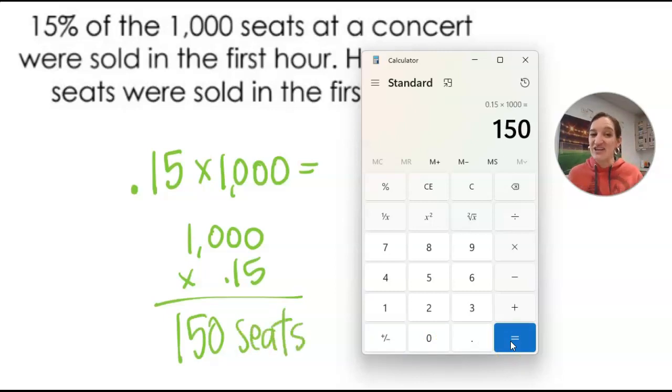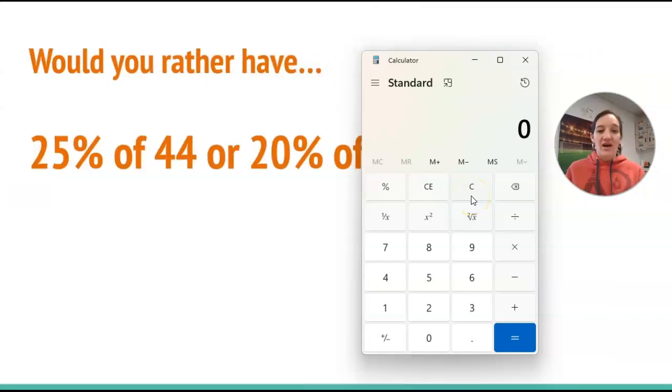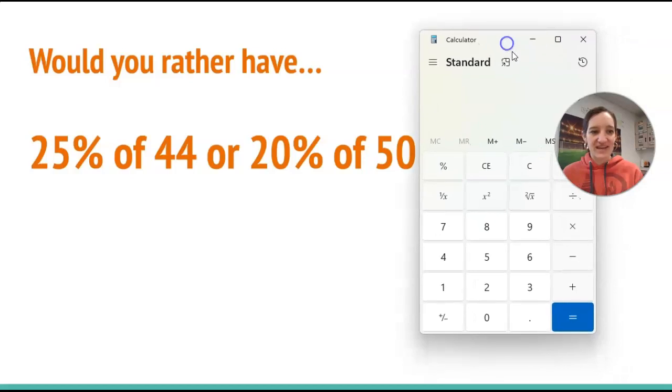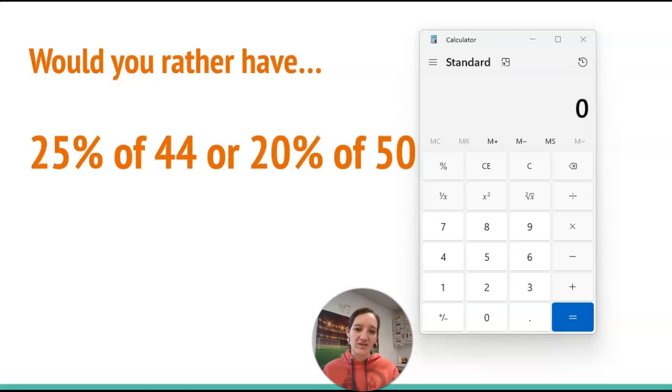So even though I can't let you use a calculator on a test, I am okay with you practicing with a calculator, doing it first on paper, and then checking your work with a calculator. So let's practice that. Here's a question where it says, would you rather have 25% of $44 or 20% of 50? That's not dollars, but I just made it a dollar problem.